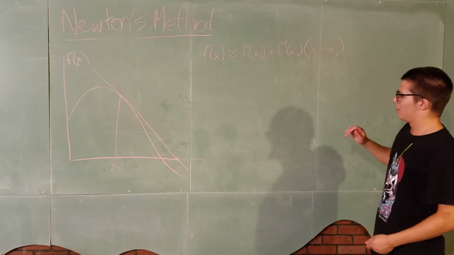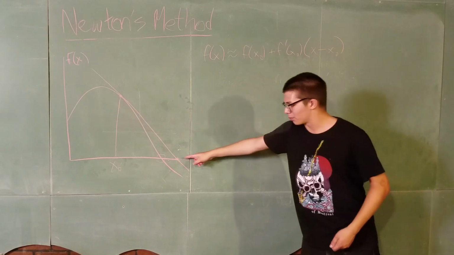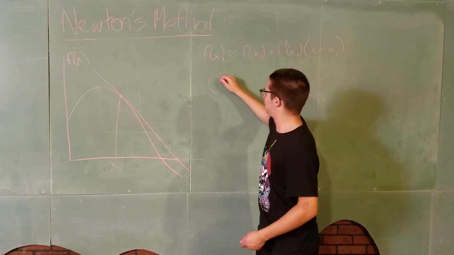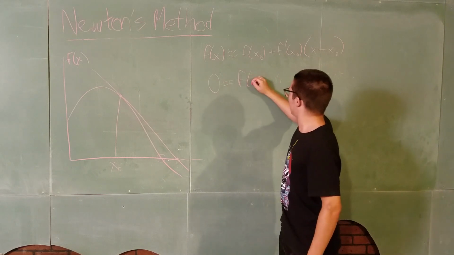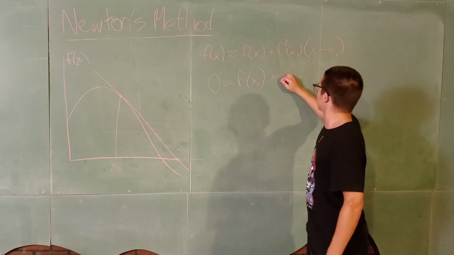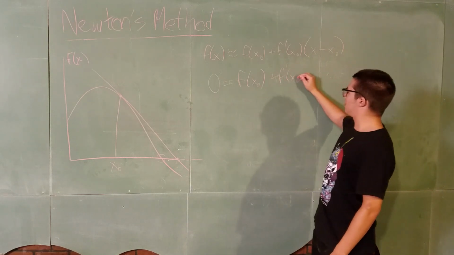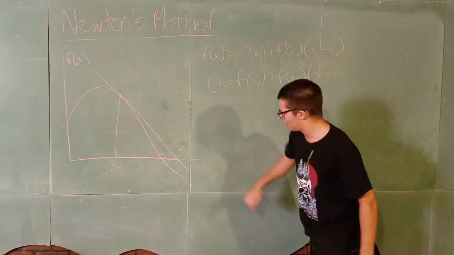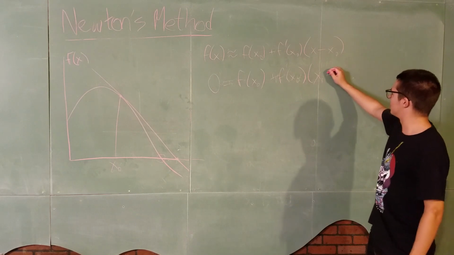And now we want to solve for the root of that. So we're going to set that equal to 0. So you're going to have 0 equal to f of x0 plus f prime of x0 times, we're going to call our new value, this root, x1, and you'll see why in just a second.